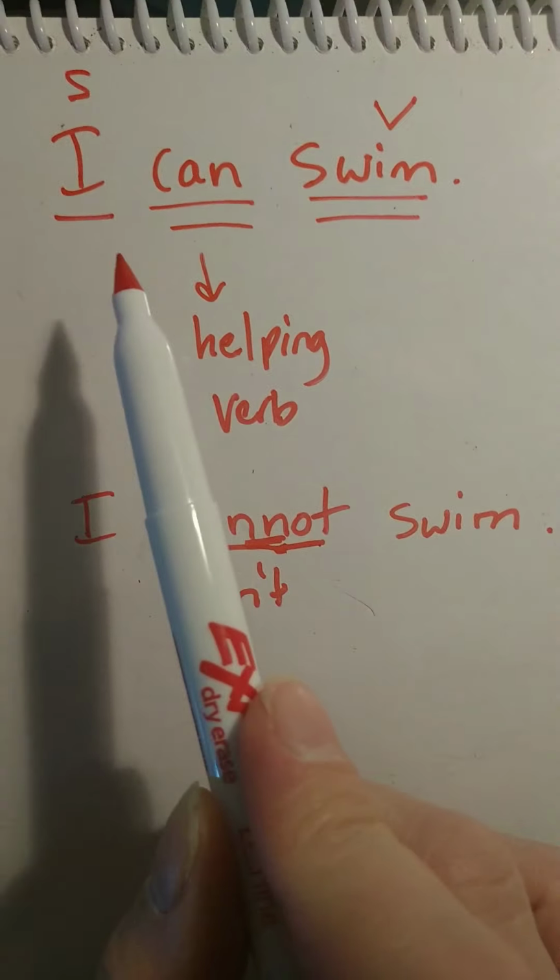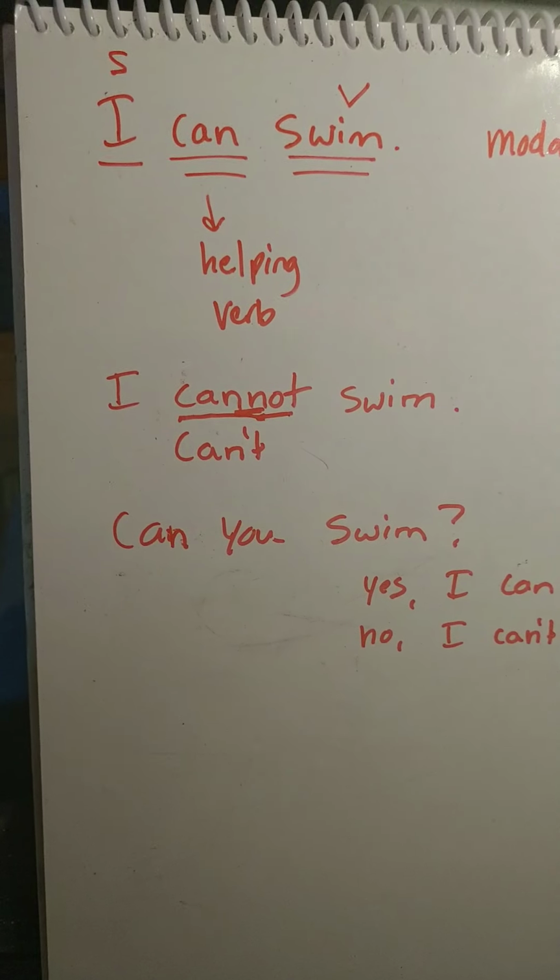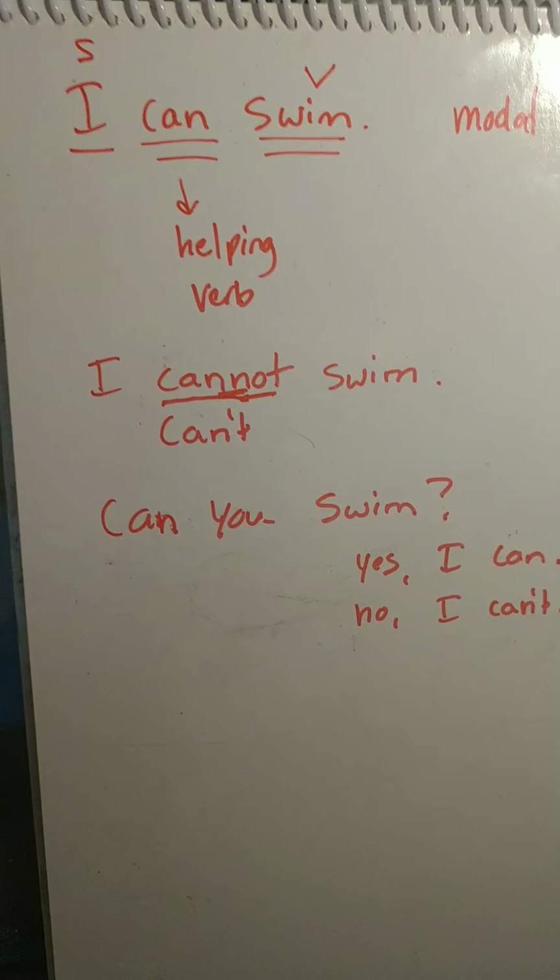Can comes first, and then the subject, just like other verbs we have studied. Can you swim? And of course the answer is yes, I can, or no, I can't or cannot. Yes, I can. No, I can't.